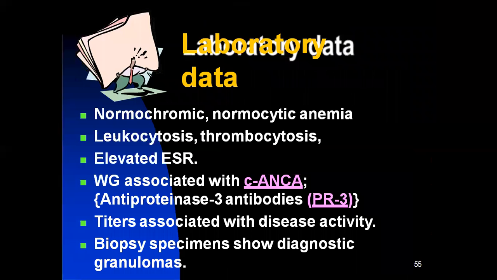Laboratory diagnosis: normochromic normocytic anemia might be seen, and leukocytosis and thrombocytosis are associated. Leukocytosis is elevation in the number of WBCs, whereas thrombocytosis is elevation in the number of platelets. Elevated erythrocyte sedimentation rate.